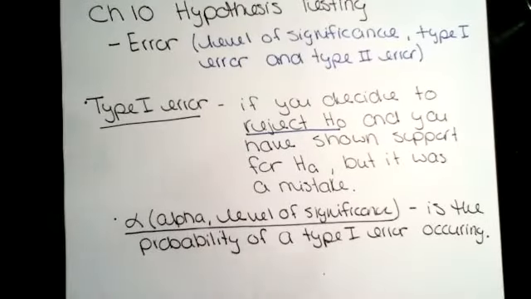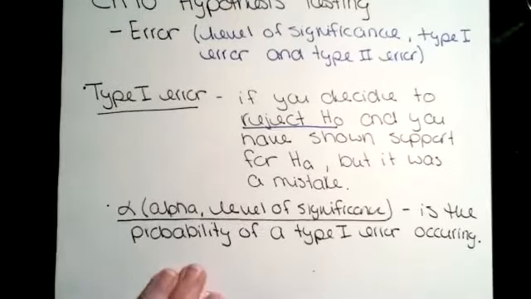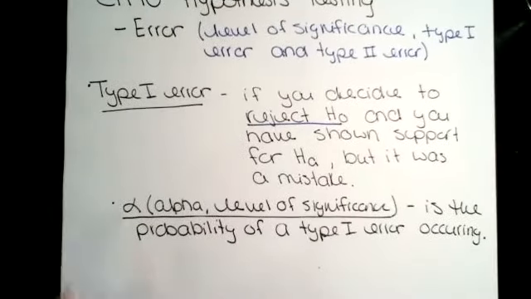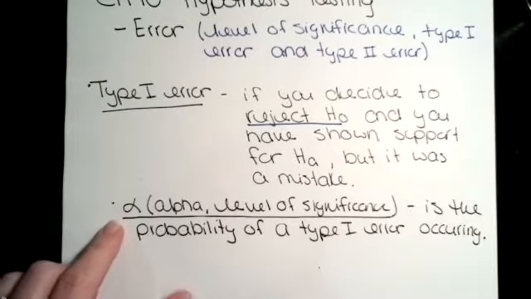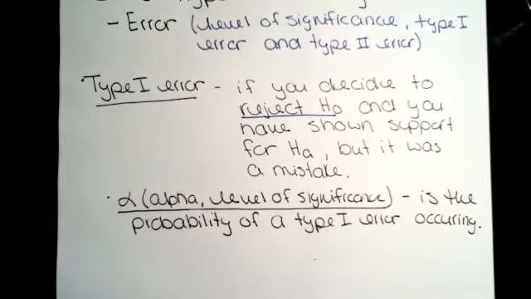Okay, so that's alpha, our level of significance. So if our level of significance is 5%, then that means we have a 5% probability or a 5% chance of a type 1 error occurring.